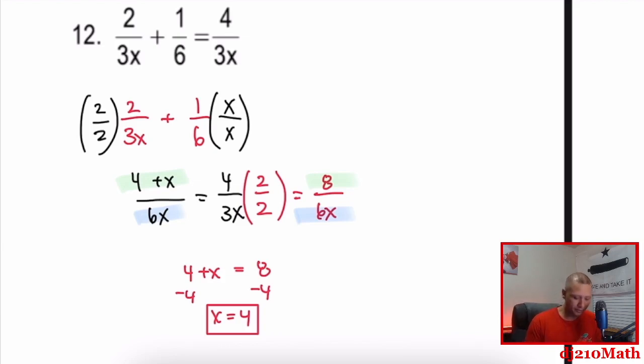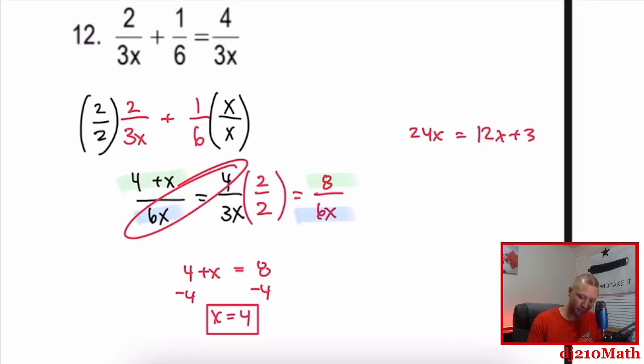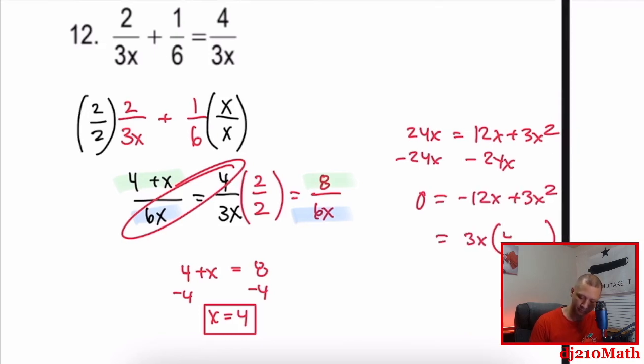If you didn't, you'd end up with like 24x is equal to 12x plus 3x squared, which would be this.